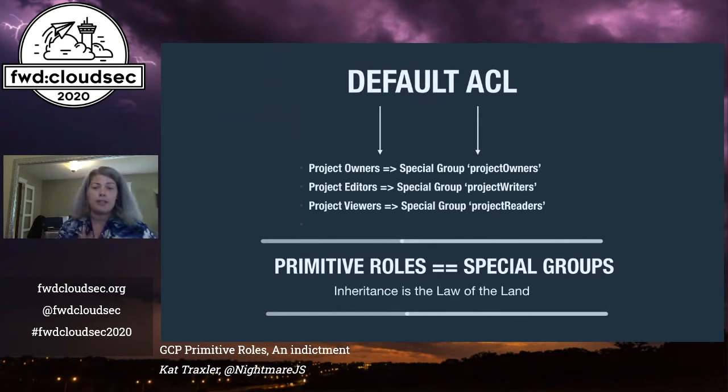An owner is assigned the owner ACL on the data set. All editors within the project are assigned the writer on that data set, and so on. And this practice of default ACL assignments, it may have made sense in a time when primitive roles, ACLs, and access scopes were the only mechanisms to control access.